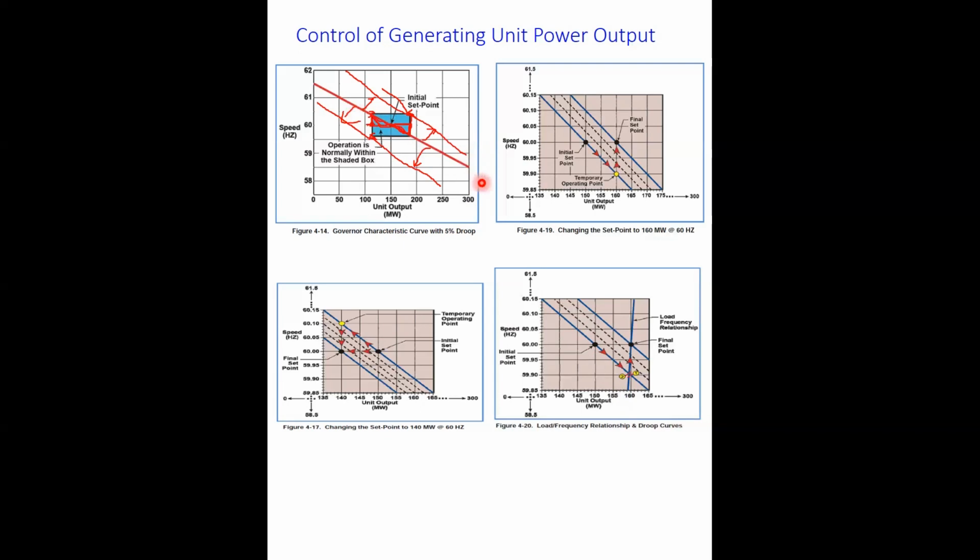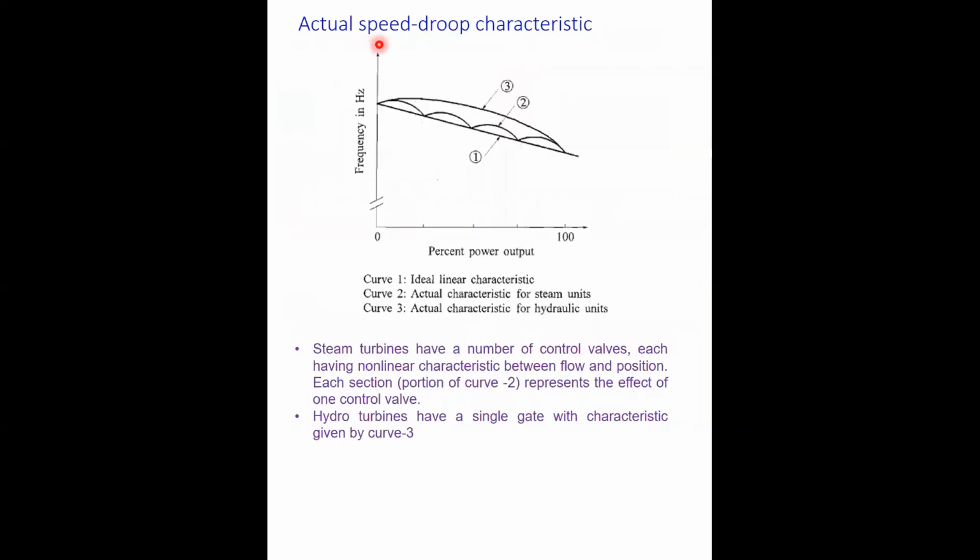But for an actual turbine, these characteristics can be in different forms. So the first characteristic is the ideal characteristic, which we have been discussing. But the second one, this one.